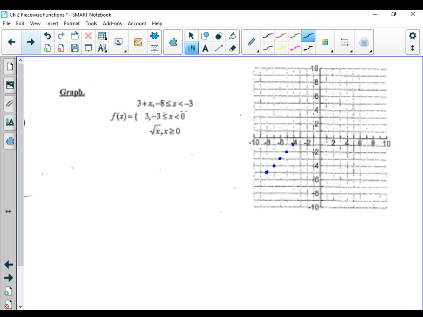And now they did give me the equation. They said that it's less than -3. So I'm not going to put a solid dot at -3. I'm going to put an open dot on that last one. And I know this is the first part of my piecewise function.